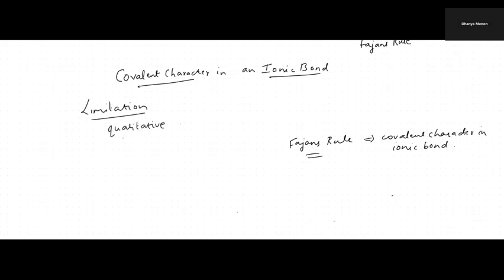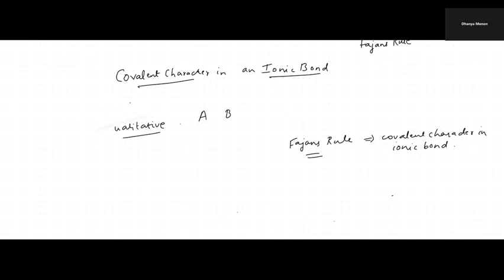That means we can just compare two compounds A and B. We cannot say how much percentage of covalent character is there. We can just compare that A is more covalent than B or vice versa. So it's a qualitative quantity, but we will get an idea which ionic compound is more covalent than the other. Only comparison is possible, right? Now let's move on to Fajans rule.